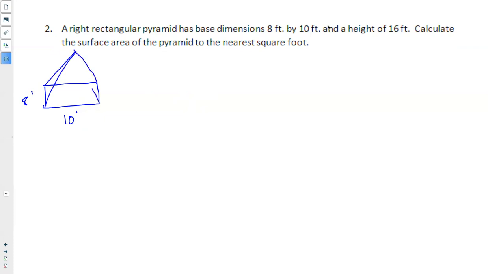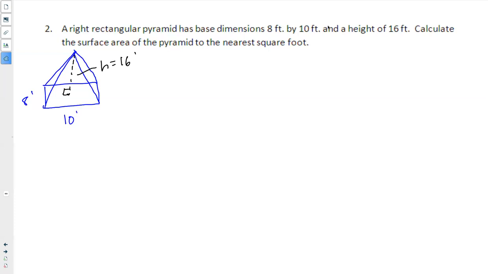So I'm going to go ahead and attempt to draw a right rectangular pyramid. This one's not bad. Okay, so my base dimensions are 8 by 10 feet, and the height, so remember the height is from the center of the base to the apex, and that forms a right angle. And my height is 16 feet.